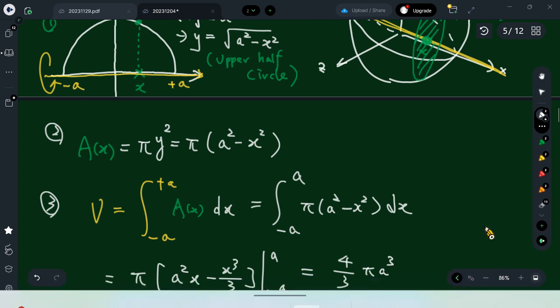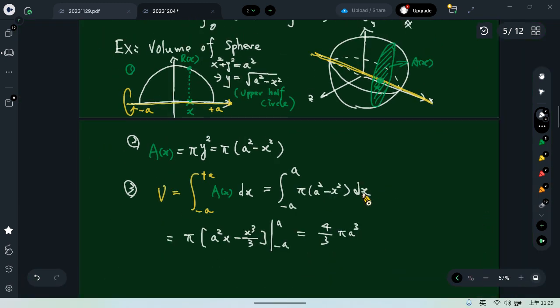For this, I make it smaller so you can have a whole picture. So here we want to get the volume of a sphere, so we use the plane region of a half circle, especially the upper half circle. Then use the upper half circle for each part, for each x.